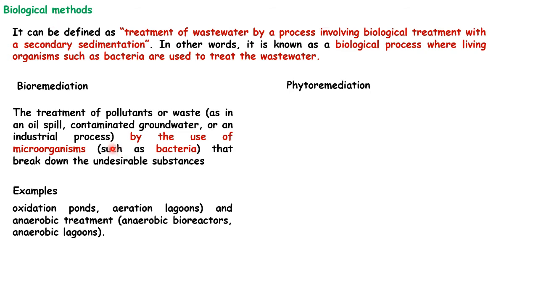Here, the living organisms, bacteria, will be continuously supplied with oxygen when it comes to oxidation ponds, because the more organic matter in that wastewater, the more oxygen is required for the aerobic bacteria to grow and break down the waste material. Hence, we will supply more oxygen. The more oxygen we provide, the lesser the BOD. BOD, in simple terms, is biological oxygen demand.